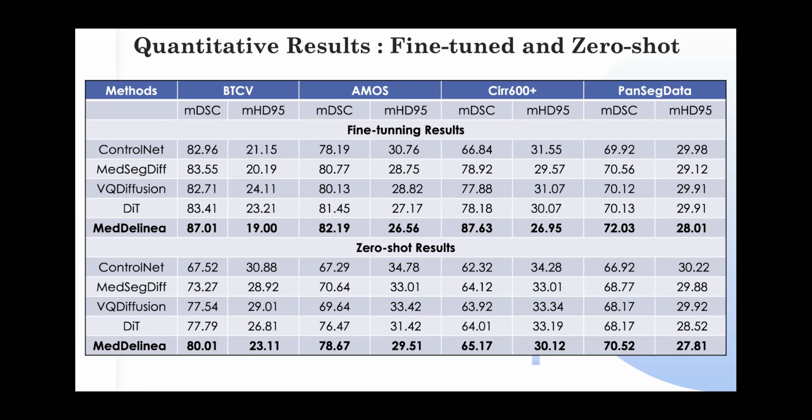I just wanted to add one thing. Both of these datasets are our lab datasets: the Cirrhosis 600 plus, which has 600 MRI images of cirrhotic liver, T1 and T2, and another dataset, PanSegData. These are from the Machine and Hybrid Intelligence Lab, and both datasets are open source, and you can use them and cite our work for these papers.